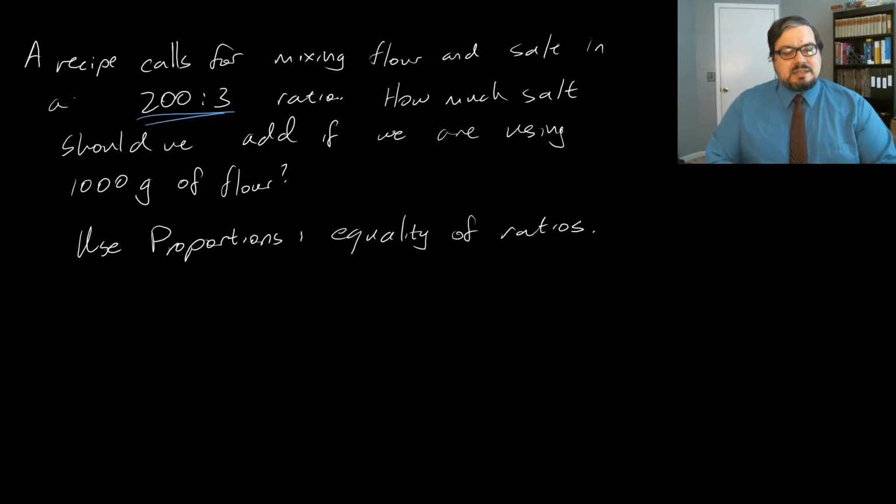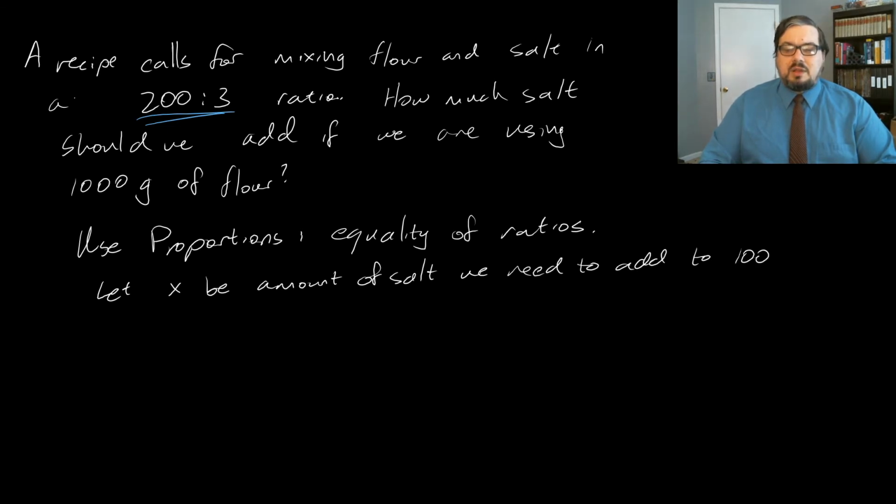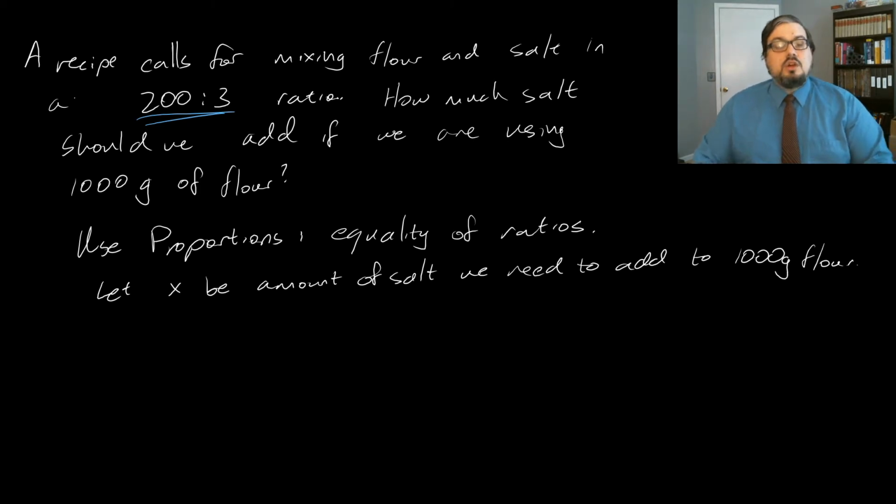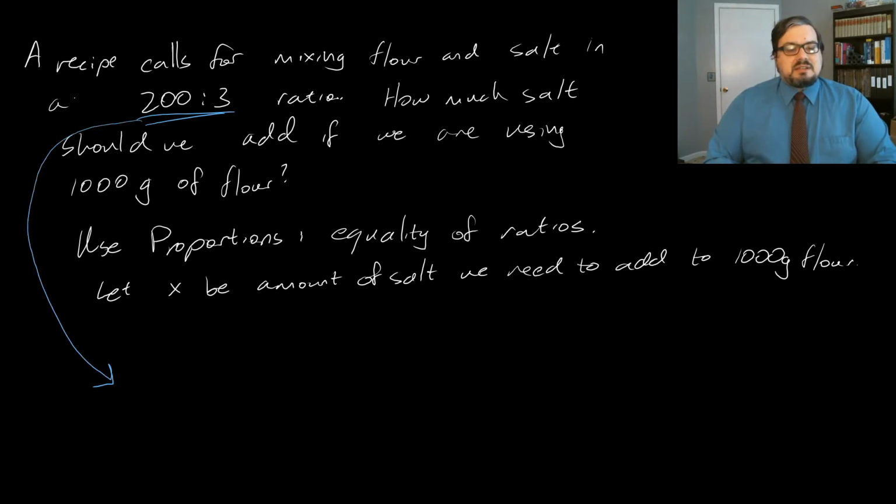So, for instance, in this problem, let's let x be the amount of salt we need to add to our 1,000 grams of flour. So what the recipe says is that we need to mix the flour and salt in a 200-to-3 ratio.